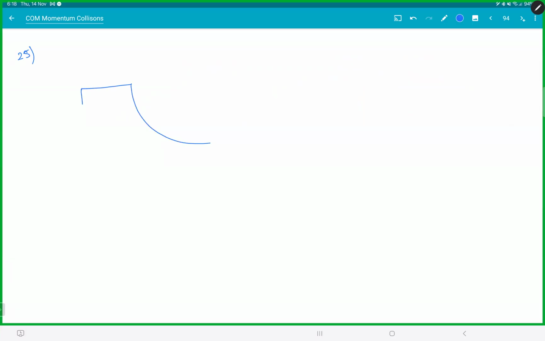So we have a wedge here. This is a wedge with a circular track. Mass of the wedge is 2m. There is a ball here of mass m.